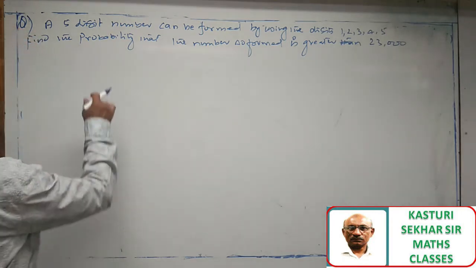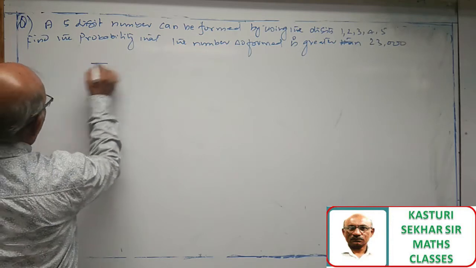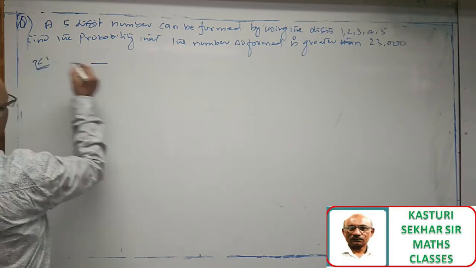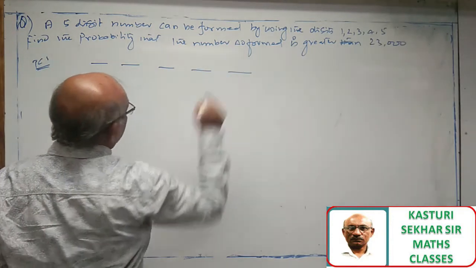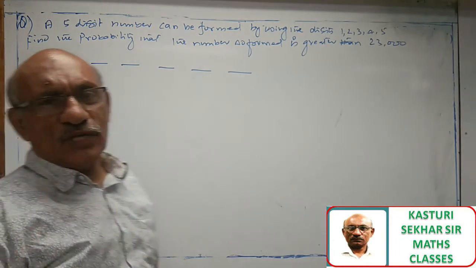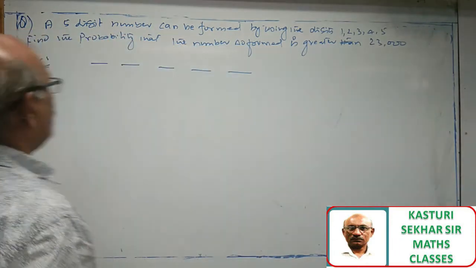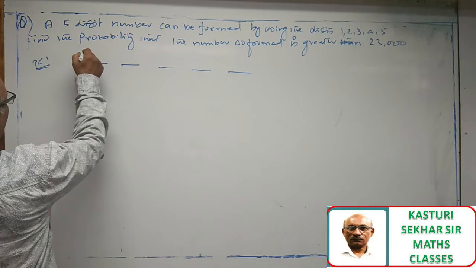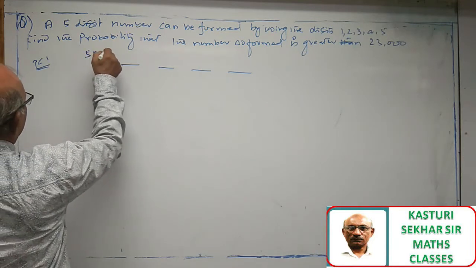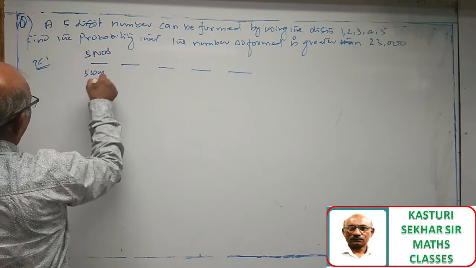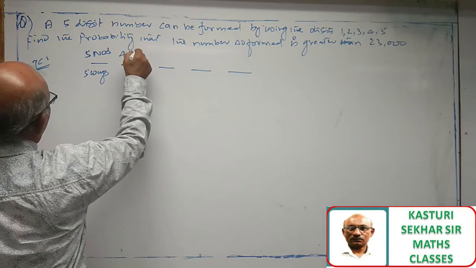Now, sir, a 5-digit number can be formed. So let us calculate total number of cases. 1, 2, 3, 4, 5. So 5 numbers are available. This place can be filled in 5 ways. 4 numbers are available.